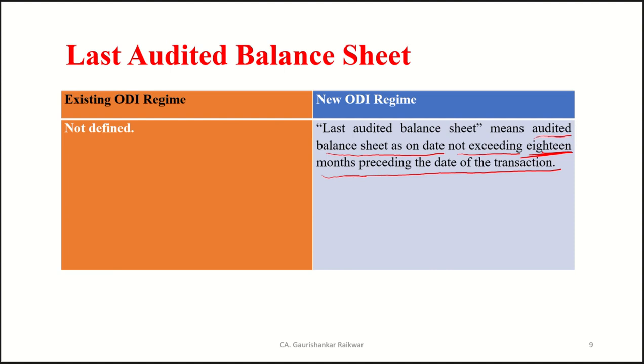So any balance sheet will be okay, but it should not be older than 18 months from the date of the transaction. It means for the calculation of net worth you can consider an audited balance sheet which is not prior to 18 months, correct?